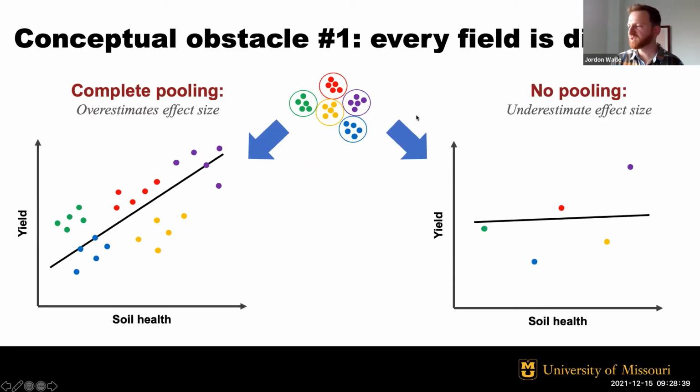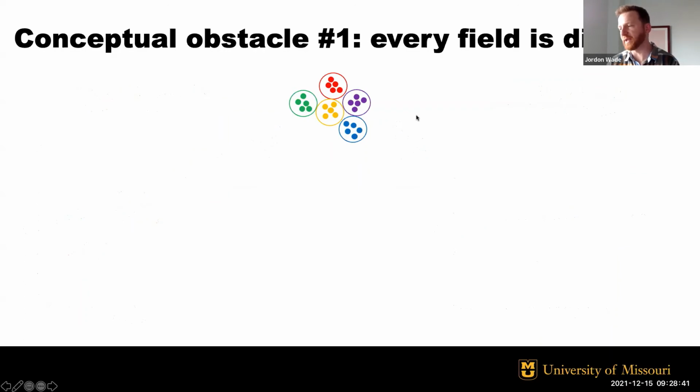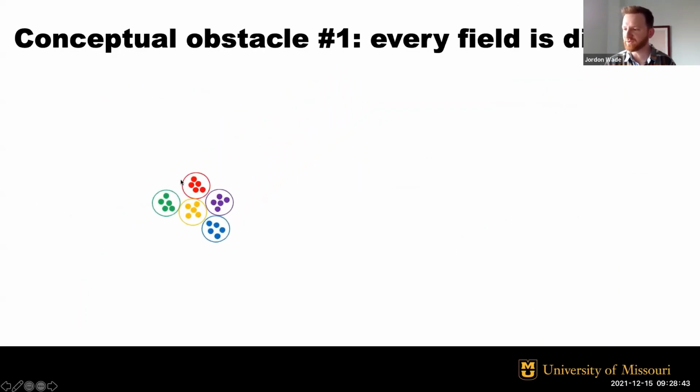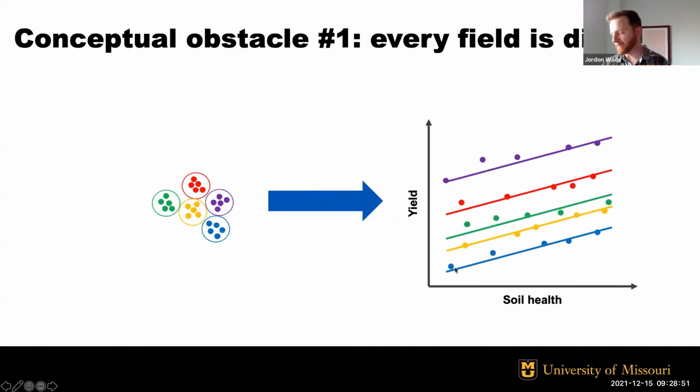So to kind of split that difference, what we did is within each of these fields, whether it be a green field, the red field, a blue field, etc., we said, let's grade them all fairly, and let's let them start at a different point here. And within each site, when we increase soil health, would we expect an increase in yield? That's the real question here.